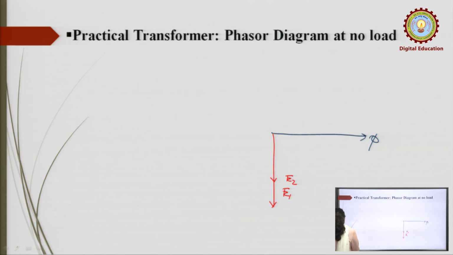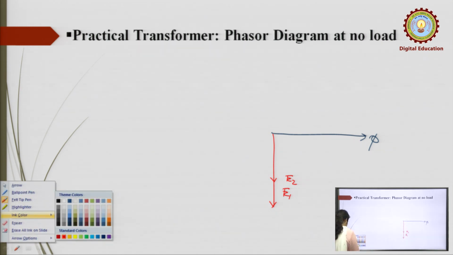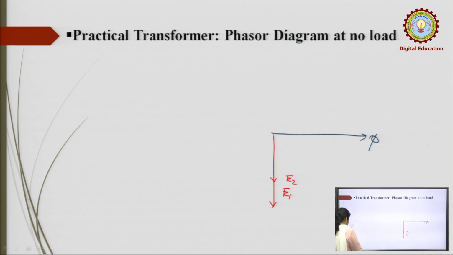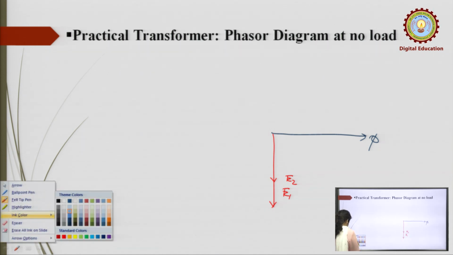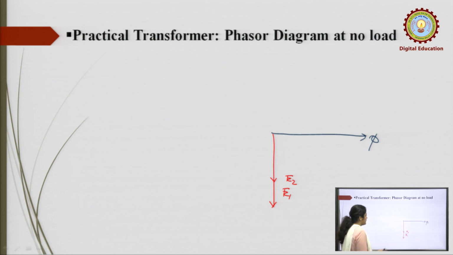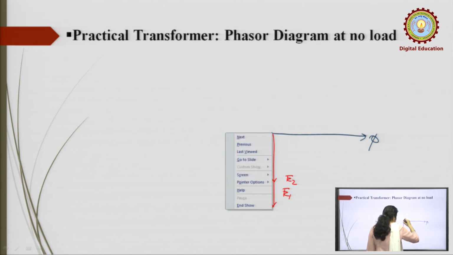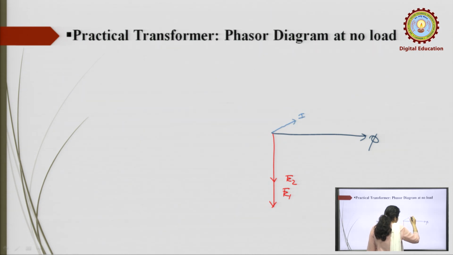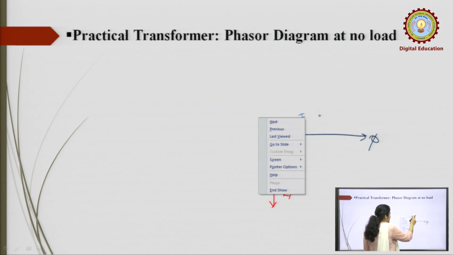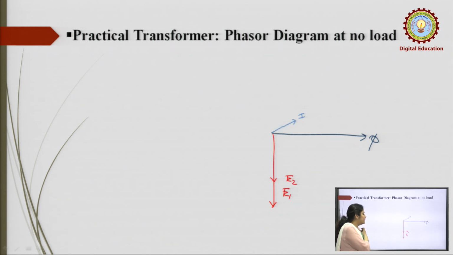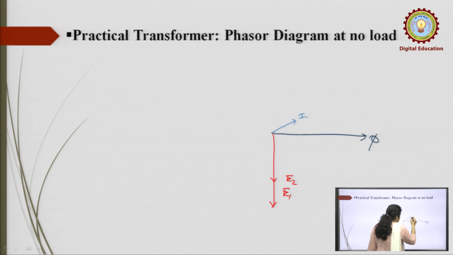Now, due to this flux, you have already seen that due to the presence of the hysteresis loop, the current is leading the flux phi, and this angle is the hysteresis angle between the flux and the current.